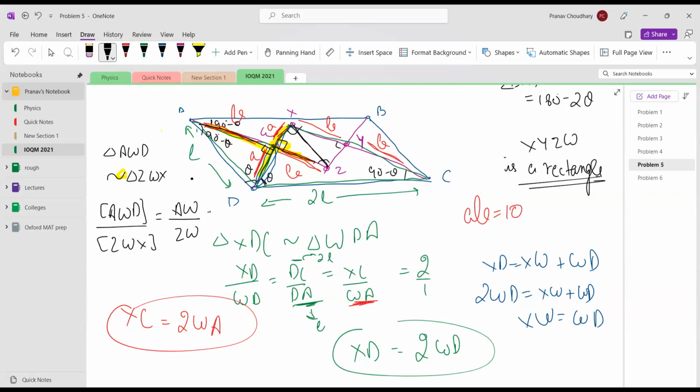AW is B and this is also B, so this ratio is 1. Which means AWD equals ZWX. And ZWX, since the diagonals of a rectangle bisect the area, has area 5. So this area is also 5.